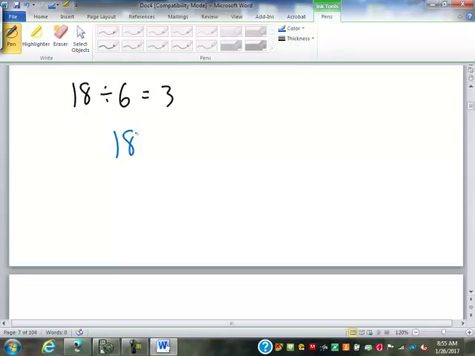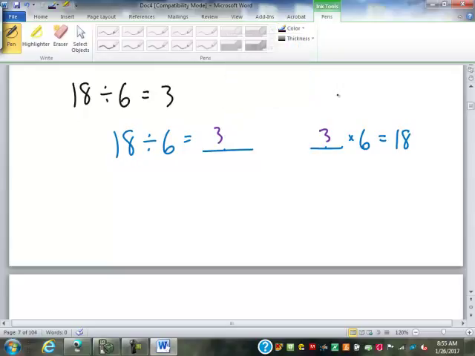What 18 divided by 6 is really asking is a multiplication question. Remember, this is multiplication done in reverse. So if we reverse this process, what we're saying is blank times 6 equals 18. What times 6 equals 18? 3 times 6. So this has to be 3.